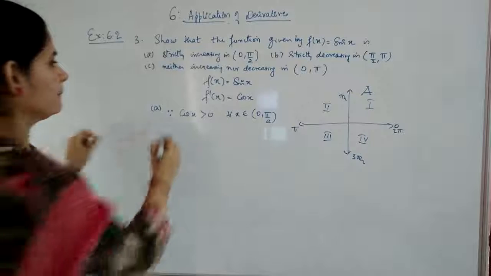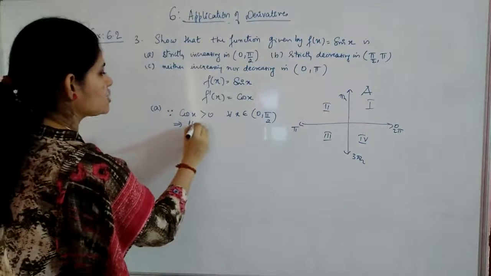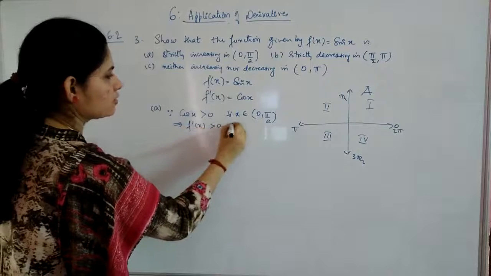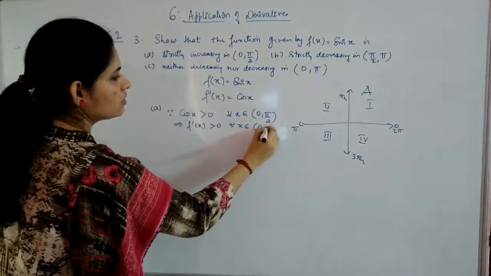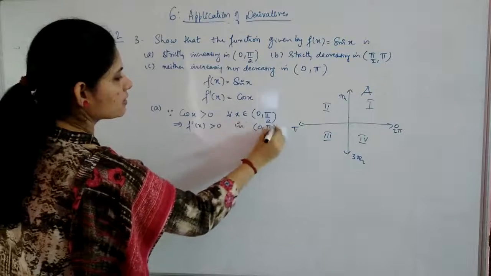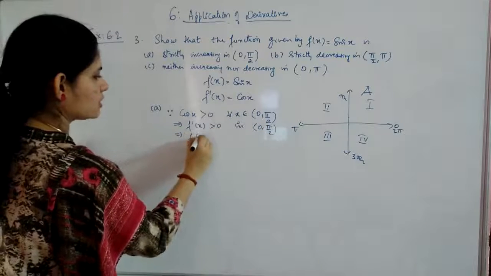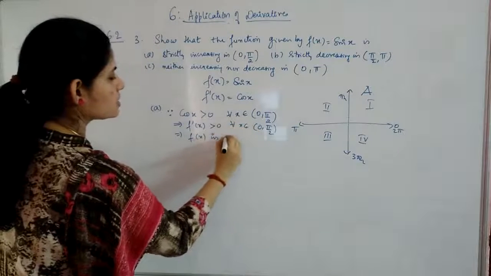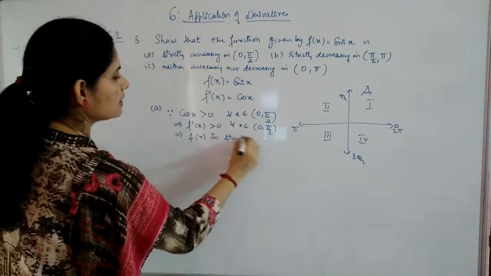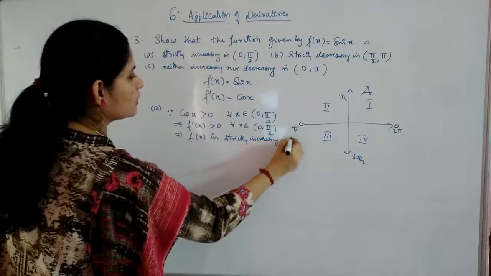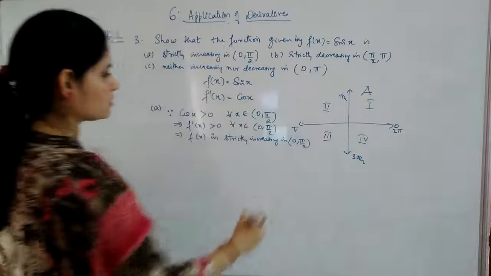That's why f dash of x is greater than 0 for all x in 0 to pi by 2. Therefore, the function is strictly increasing in the open interval 0 to pi by 2. Clear?